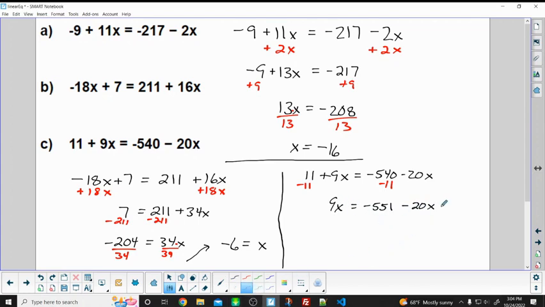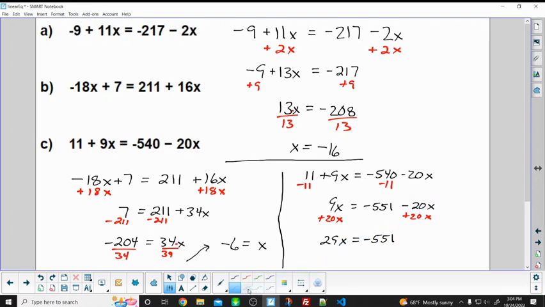And now let's get rid of this 20x over here, or the subtraction of 20x over there. I'm going to add 20x. I'm going to add it here. And we have 29x combined over on the left side now, equal to negative 551. And that subtraction of 20x and the positive 20x is gone.